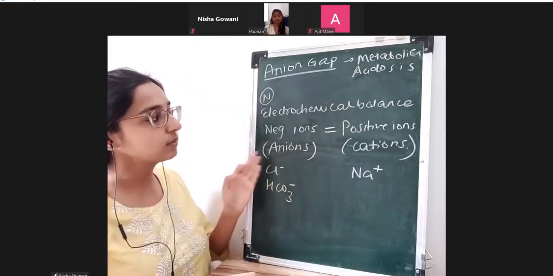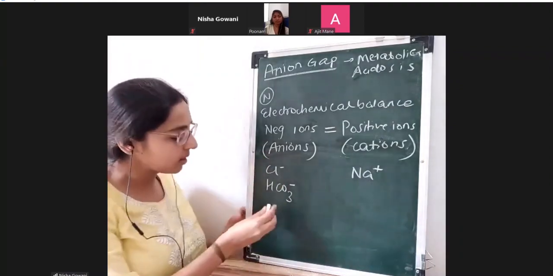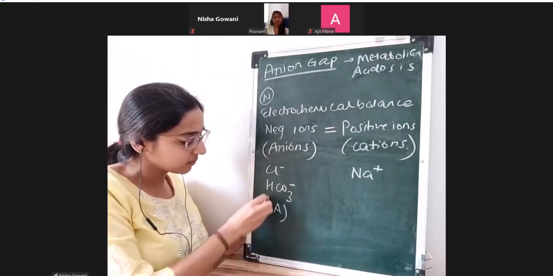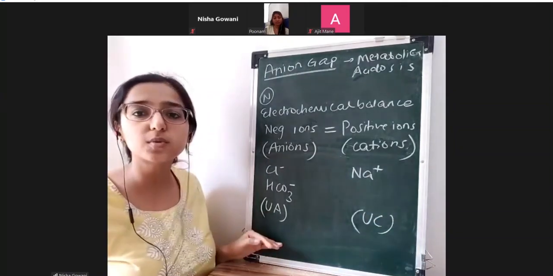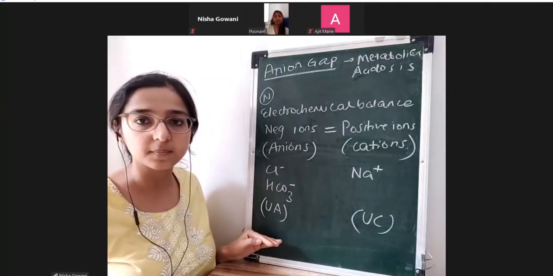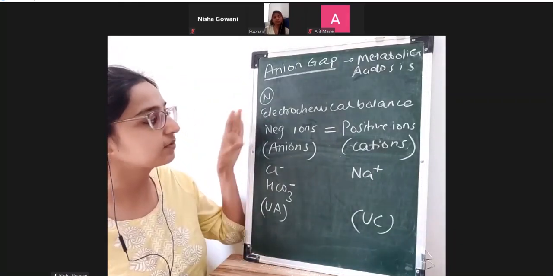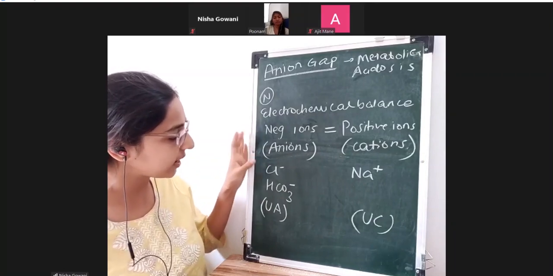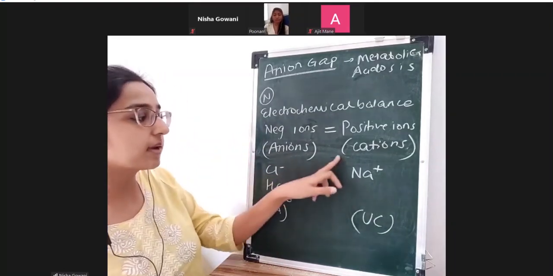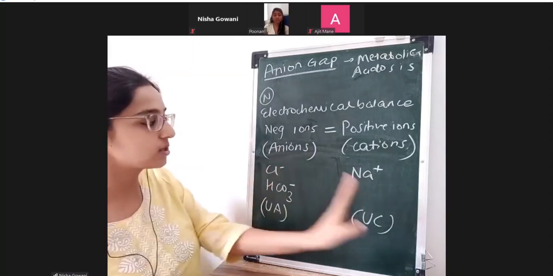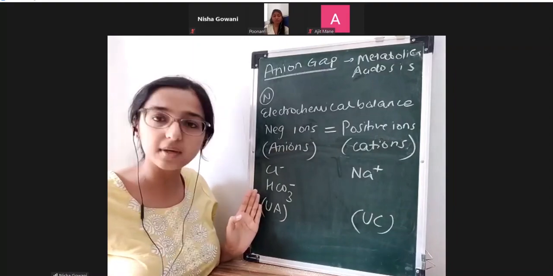They have to be equal to each other, but there are some unmeasured anions and some unmeasured cations, the ones we are not measuring on a routine basis. So when we say negative should be equal to positive, it means all the measured and unmeasured anions and the measured and unmeasured cations, and the sum of this should be equal. That is when the patient is having electrochemical balance.